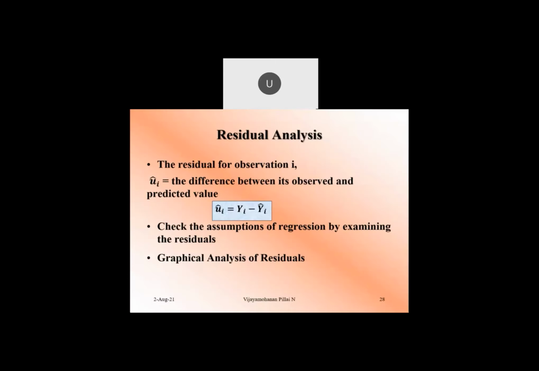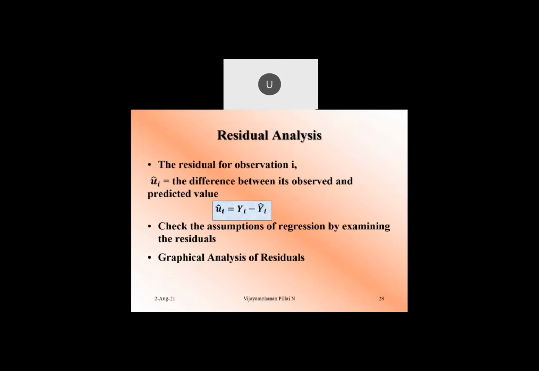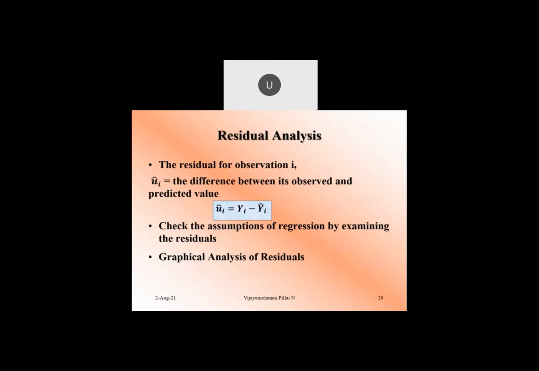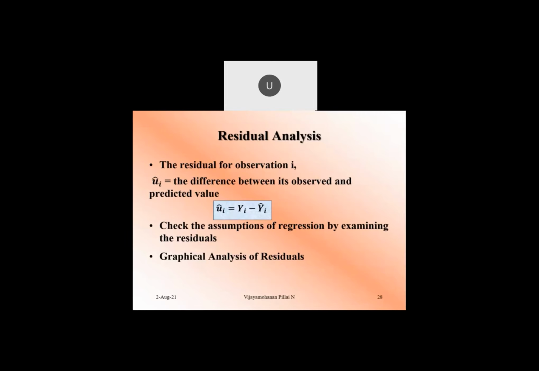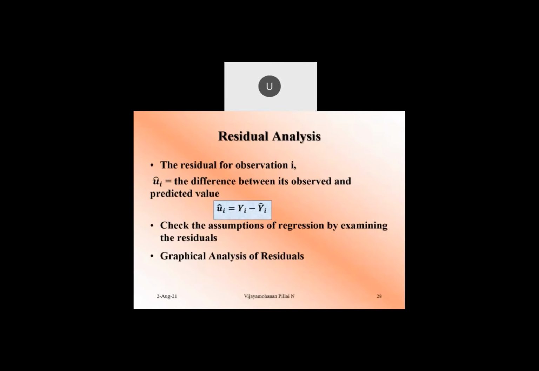And this usually we do using the graphical analysis of residuals. And in addition to the graphical analysis of residuals, we have, of course, certain statistical tests for each of the assumptions. So we will consider both the graphical analysis of residuals and these tests on the assumptions.